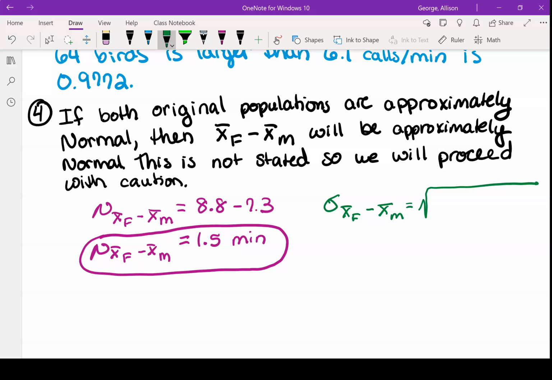So it's the standard deviation of X F squared. So the standard deviation for the female runners was 3.3. So it's going to be 3.3 squared divided by the sample size, which is 8. And then it's the standard deviation for the men, which was 2.9. And we're going to square that. And it's over the sample size, which is also 8.